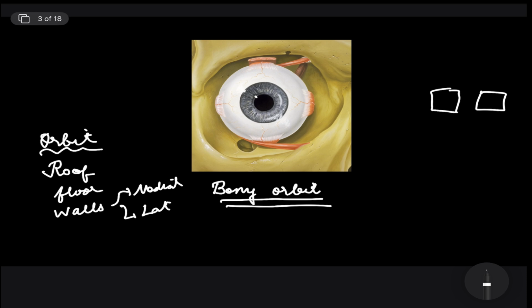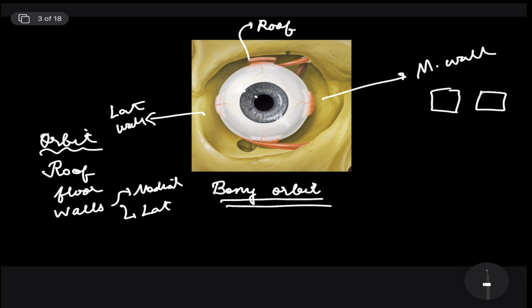As is evidenced from this picture, this is the medial wall, this over here is the lateral wall, this is the roof, and over here is the floor. So it is exactly like a 3D room, the room where the eyeball lives in.